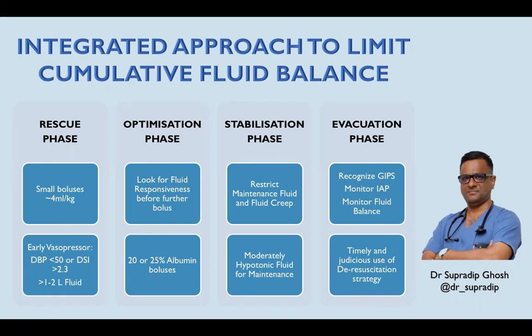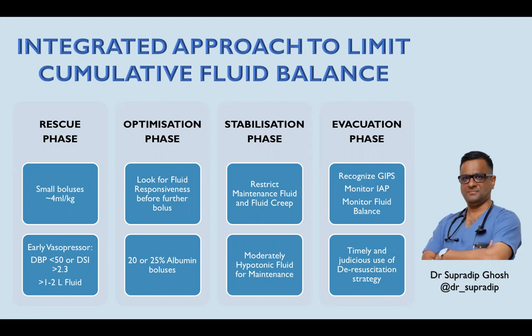For example, in the rescue phase, when the patient is in a dire state and collapsing very rapidly, here we go for rapid fluid boluses. And there is nothing wrong in it.